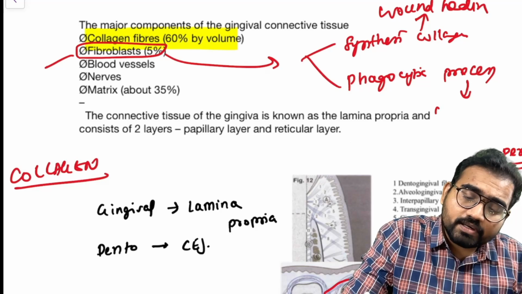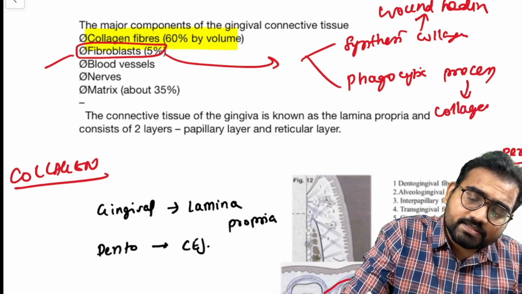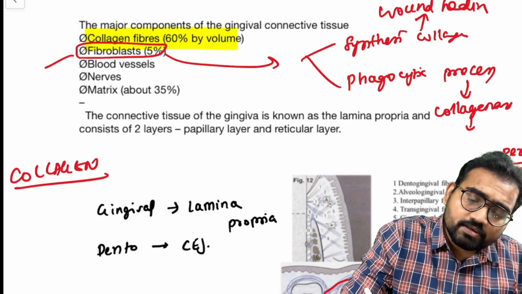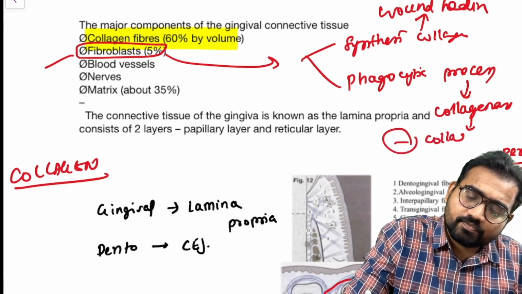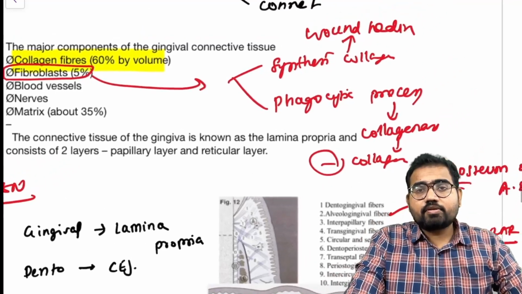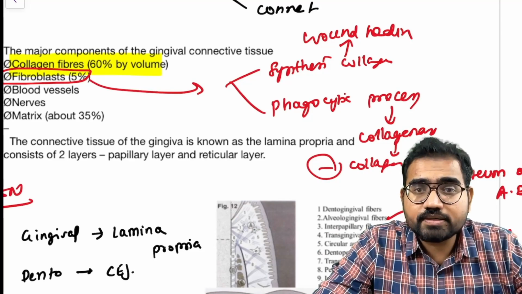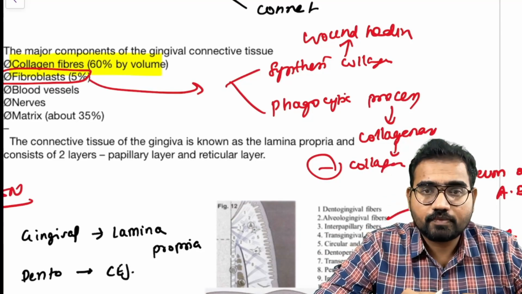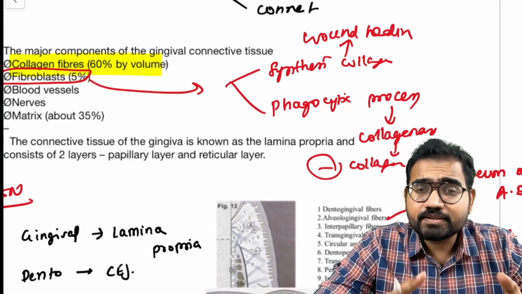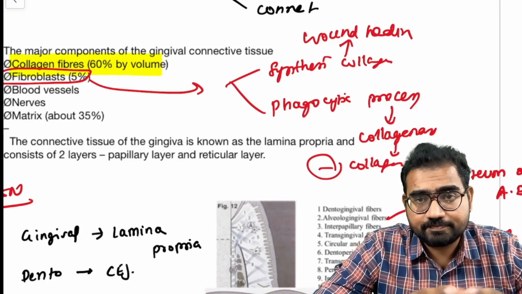It can synthesize collagenases that can destroy collagen. So fibroblast can synthesize collagen, and fibroblast can destroy collagen depending upon the need. There is no cell called fibroclast.